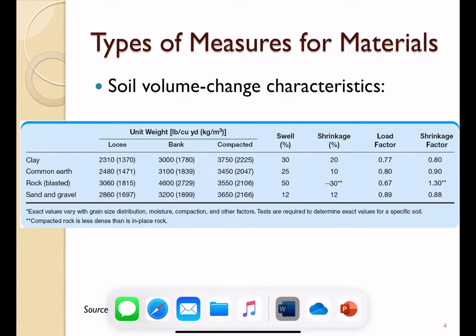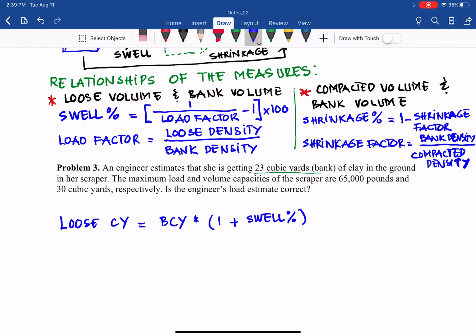So from that we can have 23 BCY, the material that the engineer wants to carry with the scraper, times 30%. So as you can see, 1 plus 0.3, and that is from the table in slide number 4.